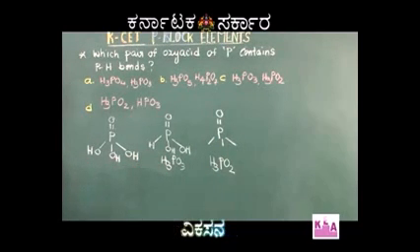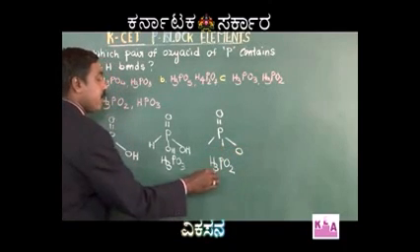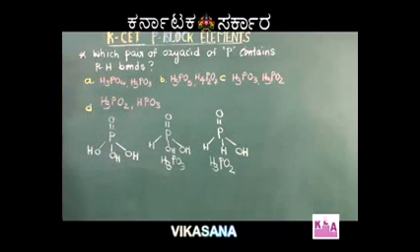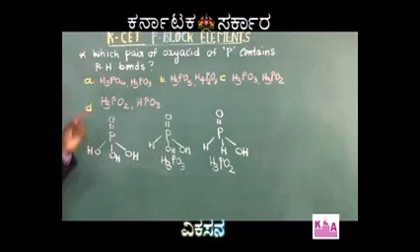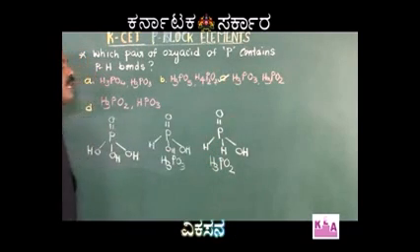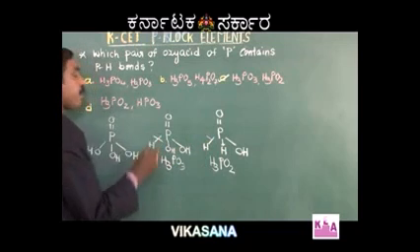Used up 1, remaining 1, therefore I have 1 here. 3 hydrogen, 1, 2 and 3. Now I read the question, which pair of oxyacids of phosphorus contain a P-H bond? I suppose my relevant and most probable answer is H3PO3 and H3PO2 because both of them have got a P-H bond.